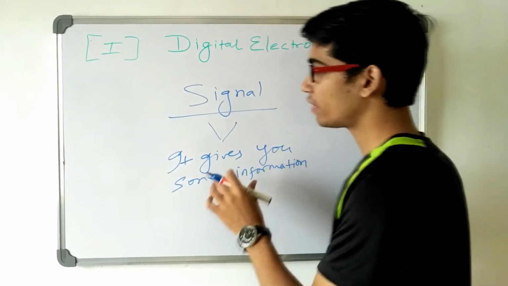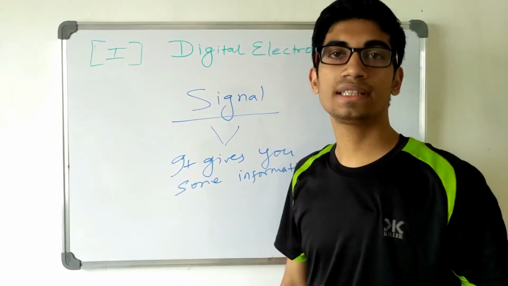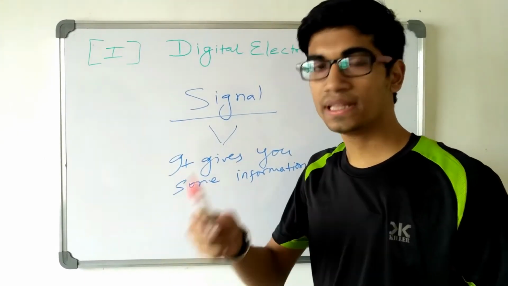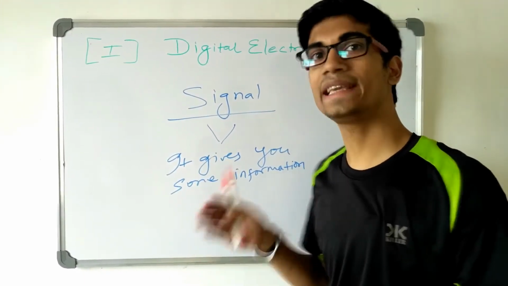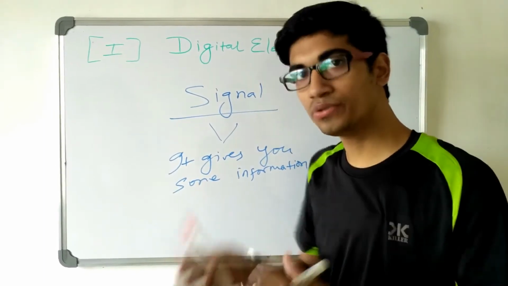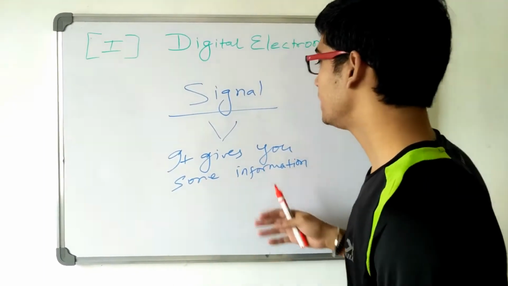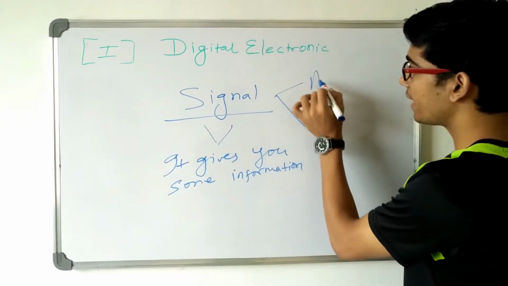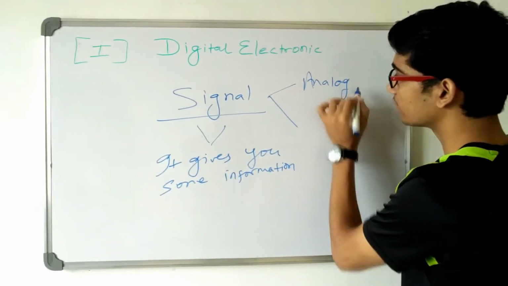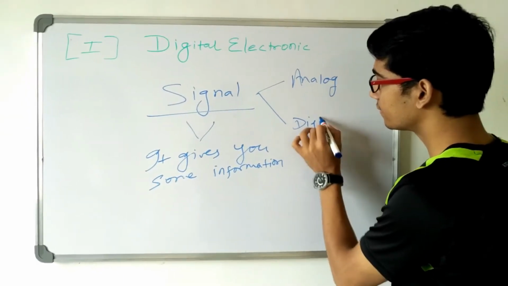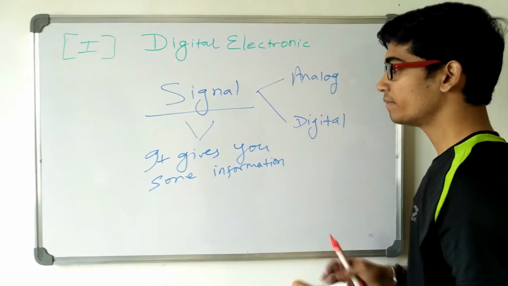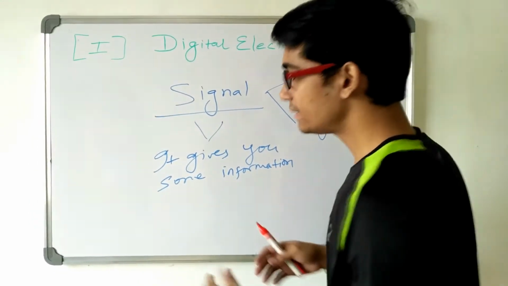You can consider an analogy, like when the signal light goes red, or when the signal light goes green. Okay, it gives you some information to do something. In the same way, signals are divided into analog and digital. I will tell you the difference between these two, but before that, let's consider a computer.